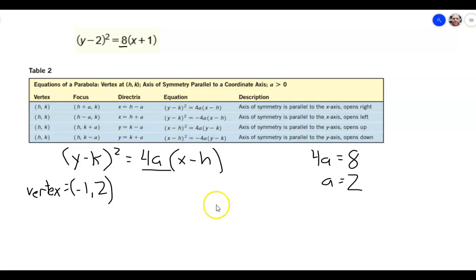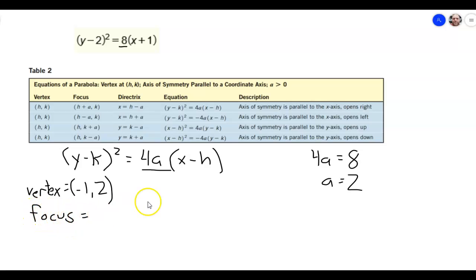Once again, if we have a positive out here, we match it to the equations with a positive in front of the 4a.